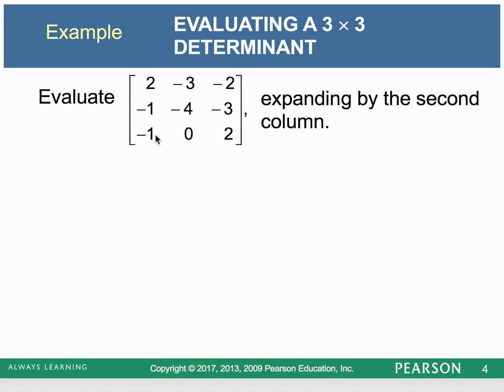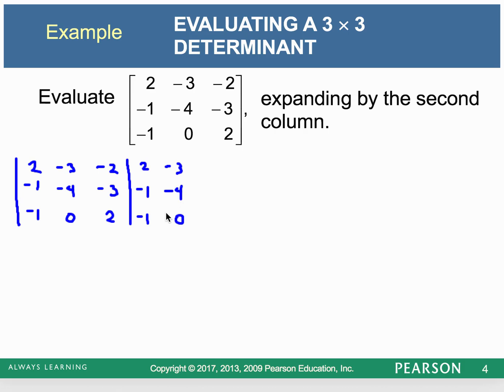If I'm going to find the determinant of a 3 by 3, I'm going to rewrite the matrix in determinant bars. Let's put a bar there. And what I'm going to do is continue with the next, repeating these first two columns.